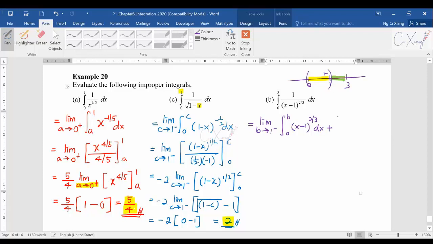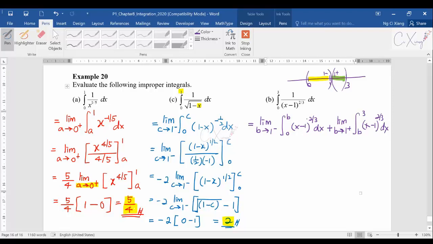Then plus, again I'm having limit b. The second part is from 1 plus until 3. So now I put in the value for 1 plus, so your b now is here, b until 3 of (x minus 1) power 2 over 3 dx. Can you see that or not? This is a more troublesome case because you need to split it into two different integrations.